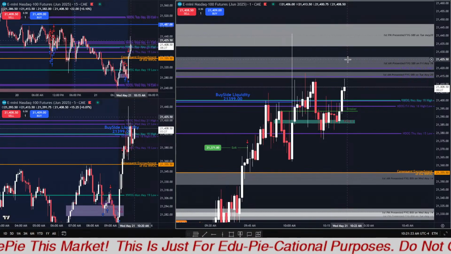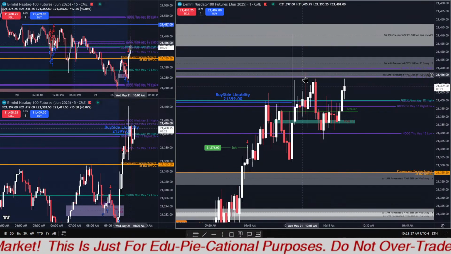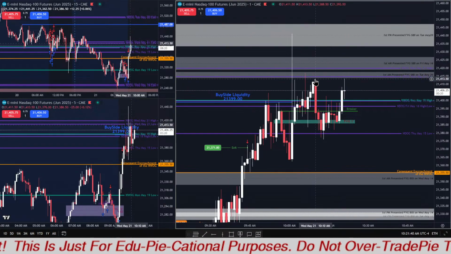Okay, now the move has started. Let's see if we can get above these relative equal highs over here.